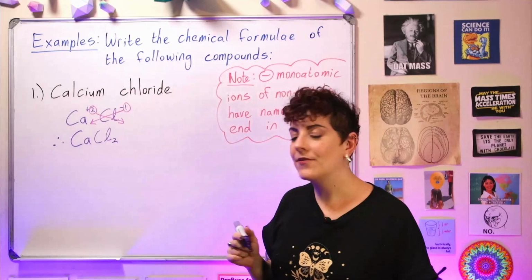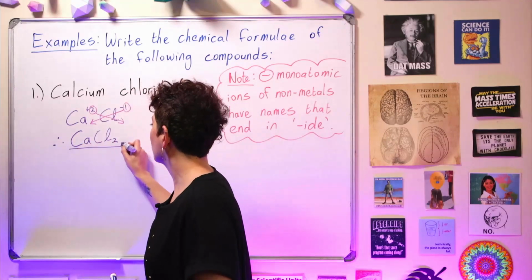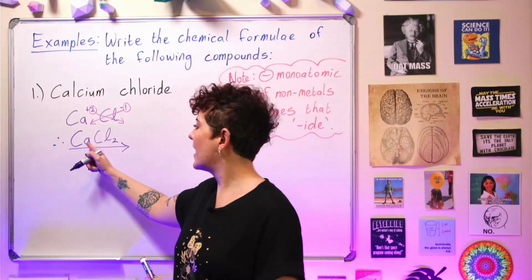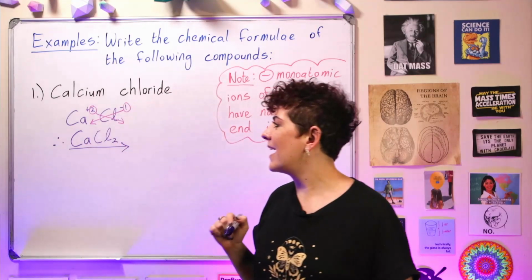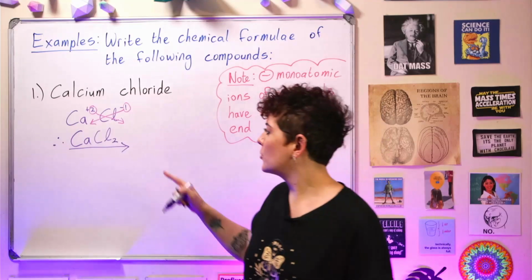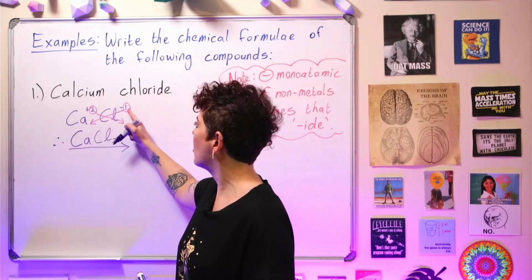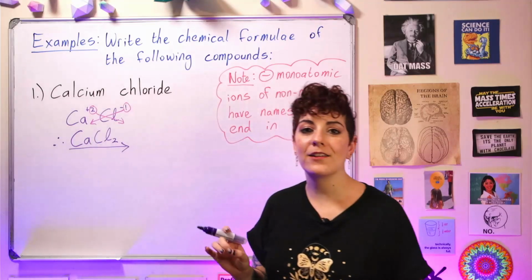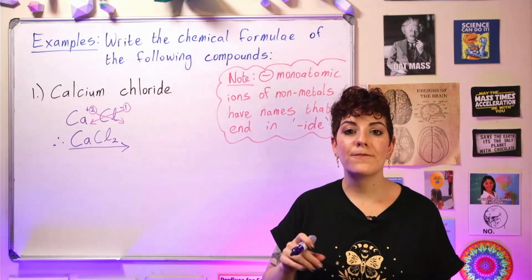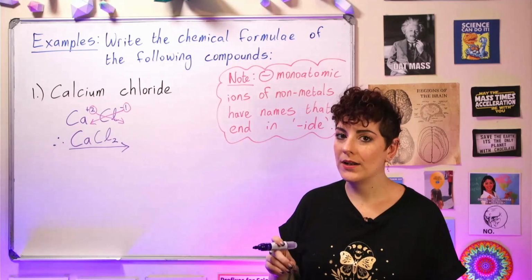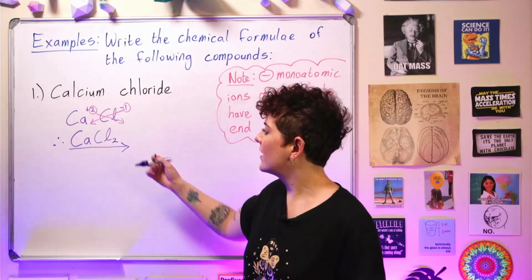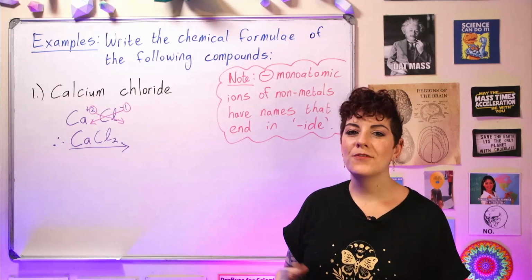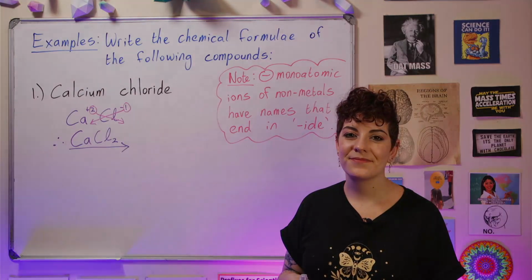And there we have it, the final chemical formula of calcium chloride. It's got 1 calcium atom and 2 chlorine atoms, and the 1 that we crossed over from the chloride ion's charge, we don't show that 1 in the final formula. No number for a subscript means 1. Okay, so that is our final chemical formula for calcium chloride. Let's move on to example 2.